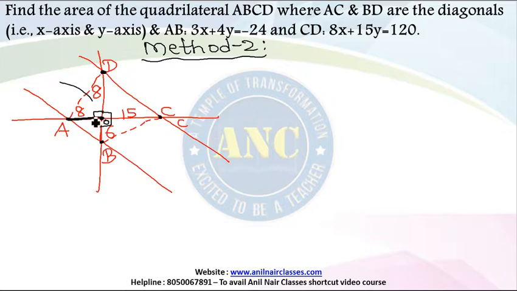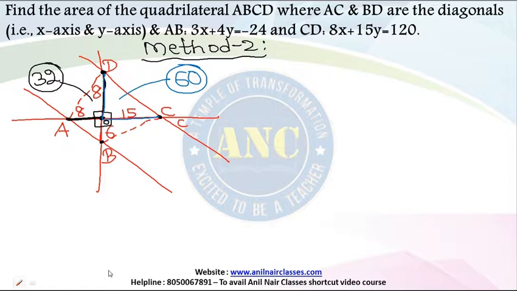Half into base 8, height is also 8. That means 8 into 8 is 64. Half of 64 is 32. First value is 32. Similarly, the second right angle triangle, half into base 15, height 8. 15 into 8 is 120. Half of 120 is 60.